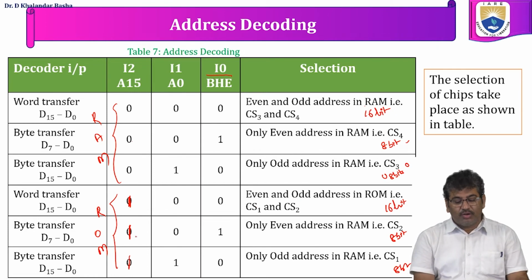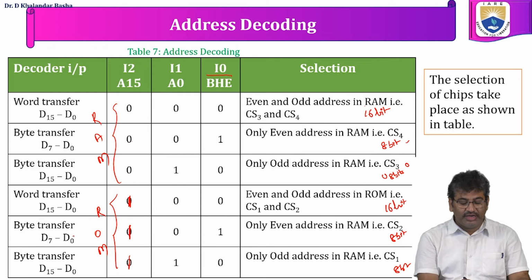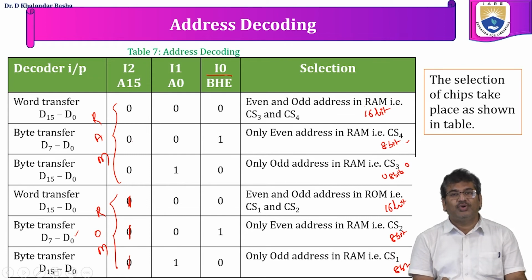The next possible combination for A15 A0 BHE bar is 101, which signifies it is an 8-bit data transfer, that is on the lines D0 to D7. Only the even address in RAM is accessed by enabling block 2 with chip select 2.